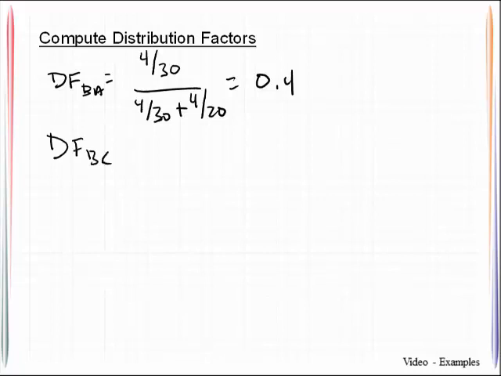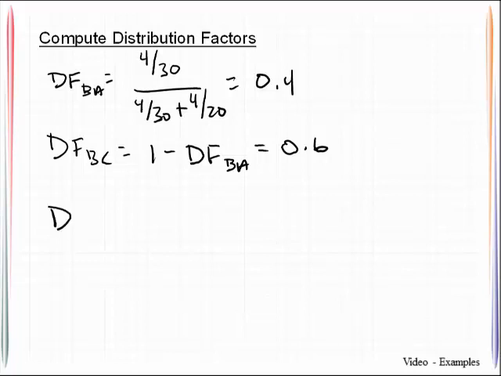Distribution factor BC, so the other member coming into that joint, can easily be found through this computation, which is 0.6. The reason being, we know that all distribution factors at a particular joint must sum up to be equal to 1.0. No other option there.